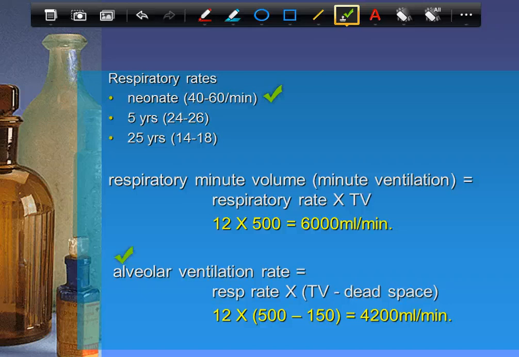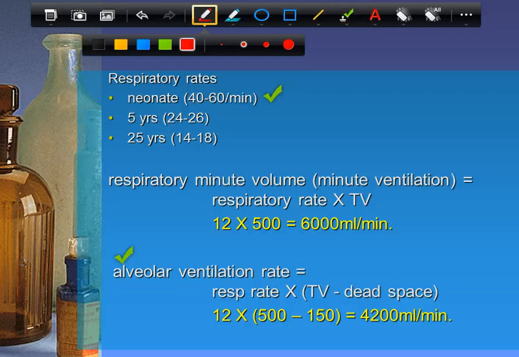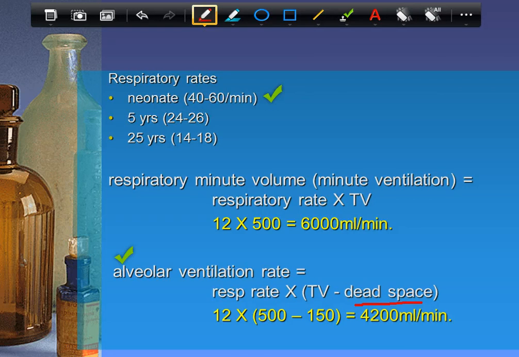So if you look at the alveolar ventilation rate here, you'll notice it looks very similar to respiratory minute volume, except that it includes something called dead space, which I just defined for you. So the more dead space you've got, in this example I used 150, the less air gets down the alveoli. So if I'm using 150 mils of dead space, look at the difference between that and that. The tidal volume is the same, respiratory rate is the same, but dead space has been factored in.